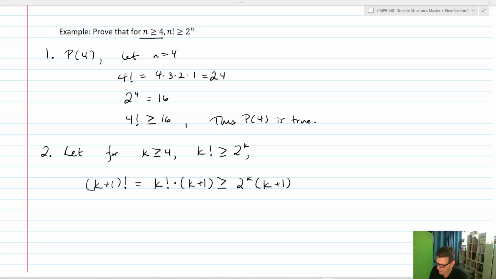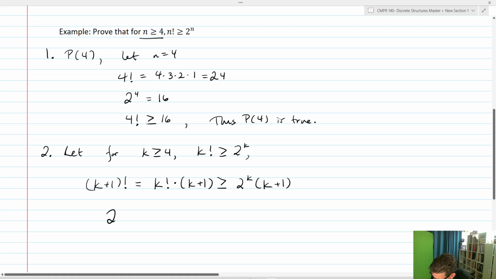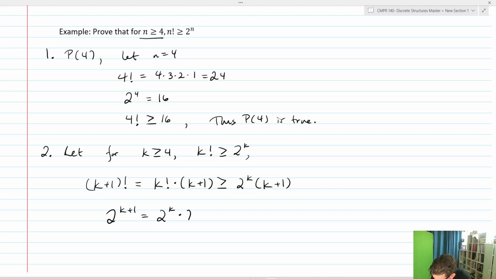Now, here's the thinking. 2 to the k plus 1 is simply equal to 2 to the k times 2. And the question is, is 2 to the k times k plus 1 greater than 2 to the k times 2? And the answer is absolutely yes.